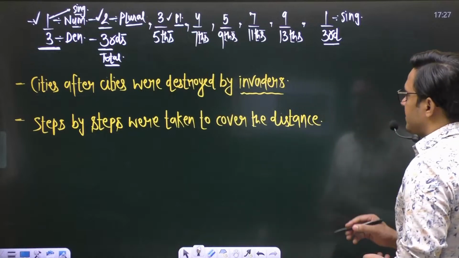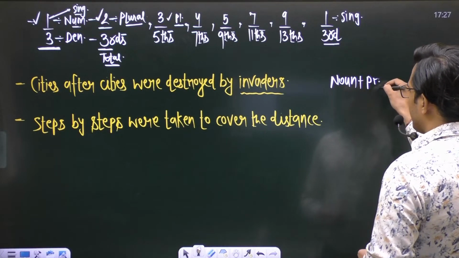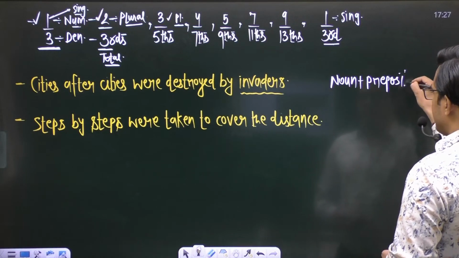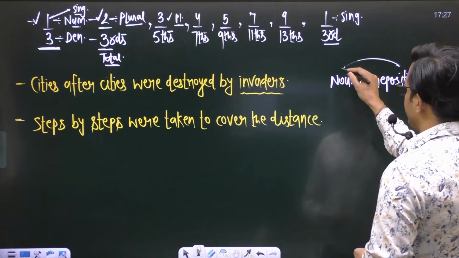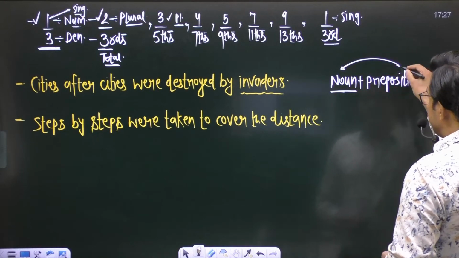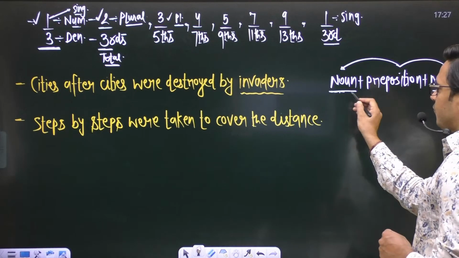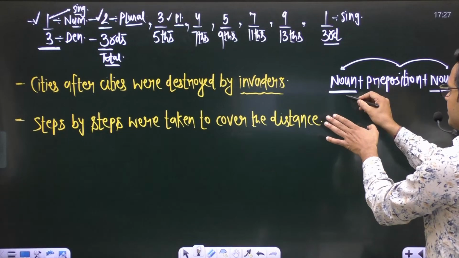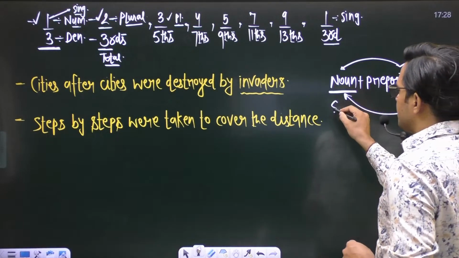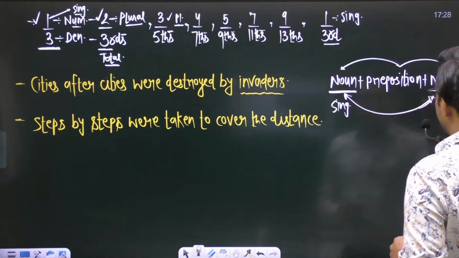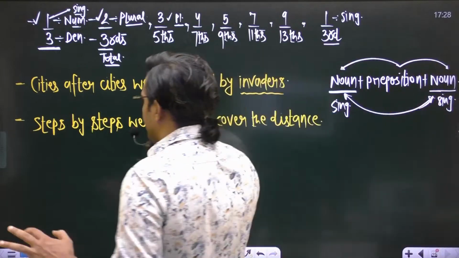If a noun is repeated after a preposition, meaning the noun which is before the preposition is the same noun after the preposition, if you find both the nouns similar, both the nouns must be singular, right? And a singular verb is used, right?